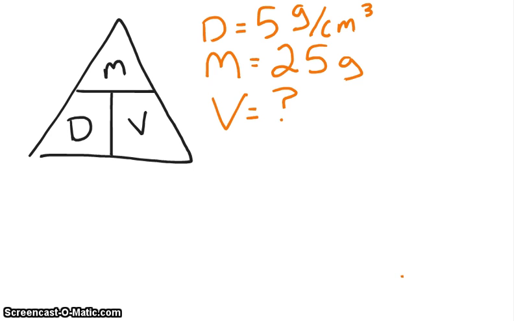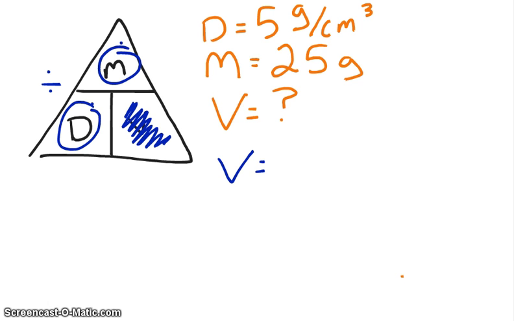Now in this one, I know the density, I know the mass, and I'm looking for the volume. So cover up what it is you're looking for. The equation is mass divided by density.